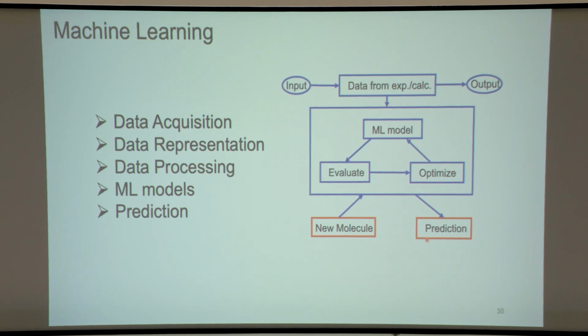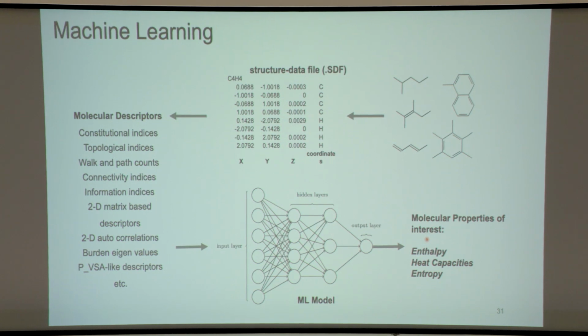And these things are not highly nonlinear systems, so you don't need very complex machine learning models, right? We have some nonlinearities, like these interactions, 1-5, gauche, symmetry. But you don't need very complicated machine learning models. We have shown you can do this with very simple neural networks and support vector machines.